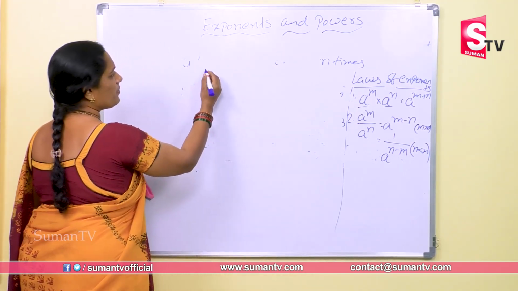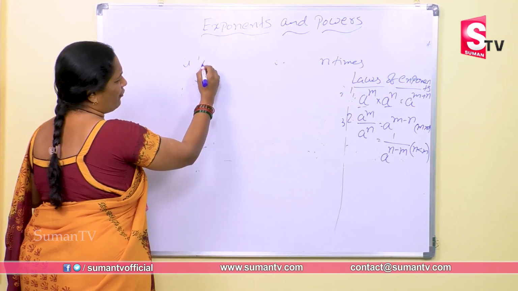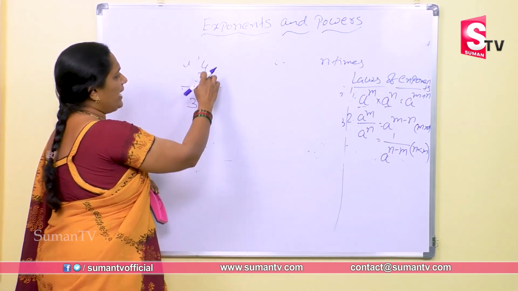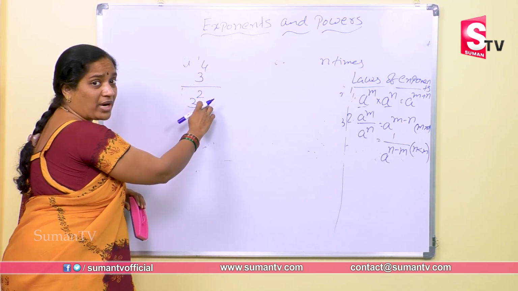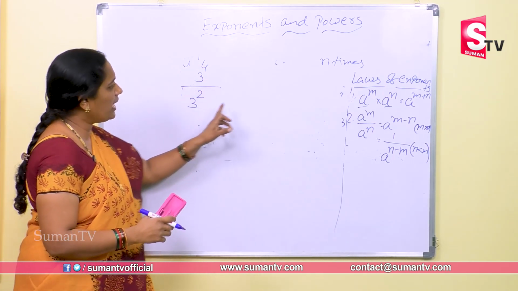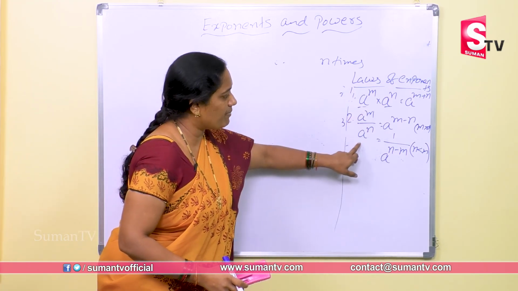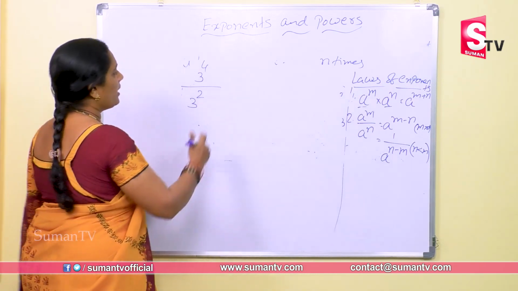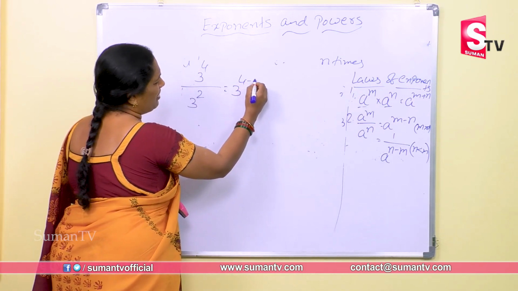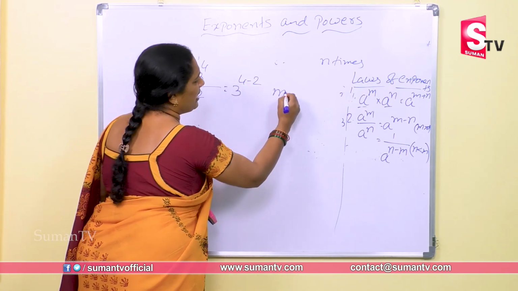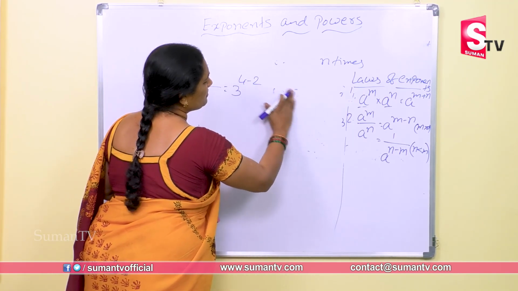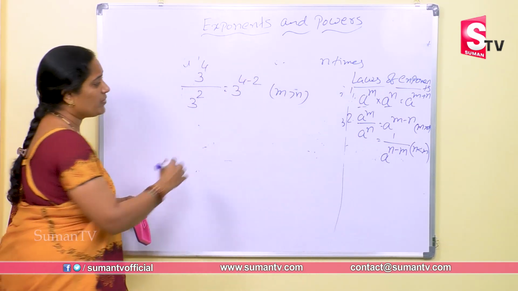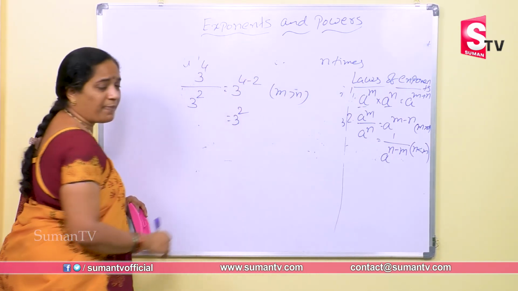Look at 3 to the power of 4 by 3 to the power of 2. Here clearly you can notice a power m by a power n. Base is same, different exponents, right? Now a to the power of m minus n. Here m is greater than n. So you can simply write the answer 3 power 2.